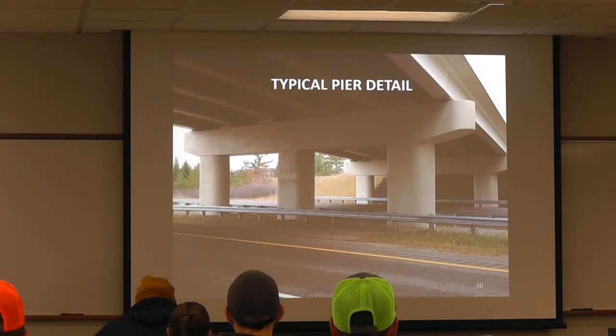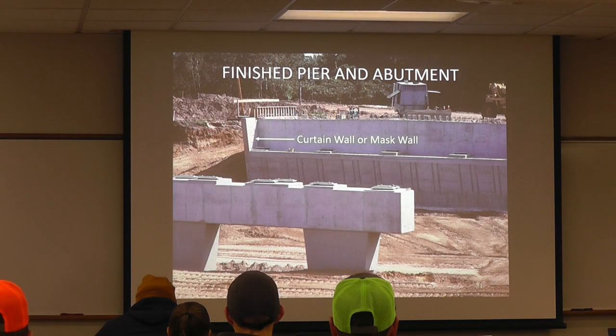A typical pier detail might look something like this, with a couple of columns, with a cap up on the top, and that is how we can make them work. So the finished pier and abutment would look something like this, with a curtain or mast wall over there shown on the left.